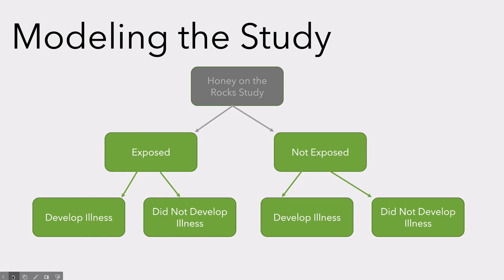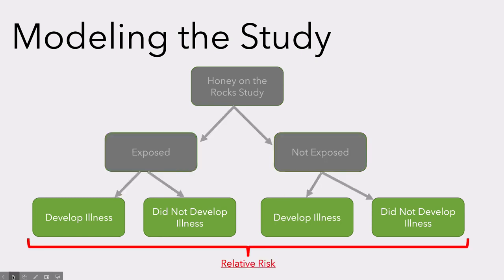Now, what is sort of the end game here? Well, sort of the end game is to figure out the relative risk. We want to know exactly how powerful is that cause and effect relationship. Our duty is to understand what is the risk of drinking honey on the rocks.